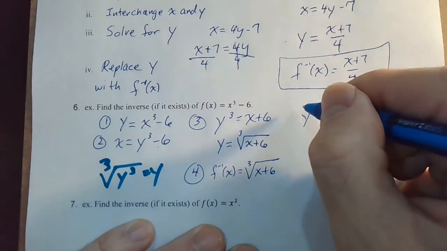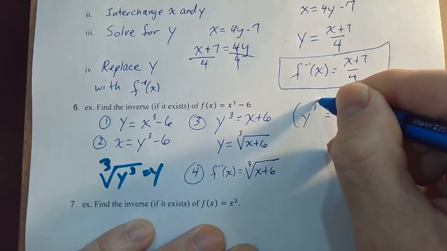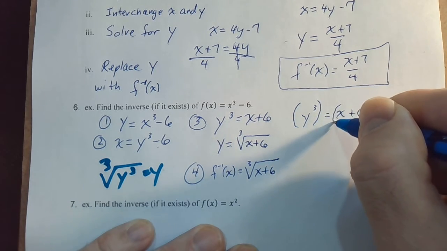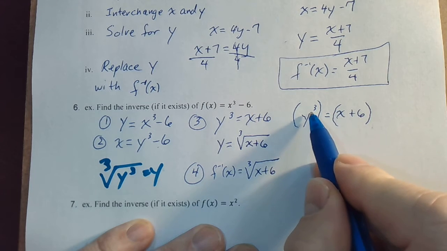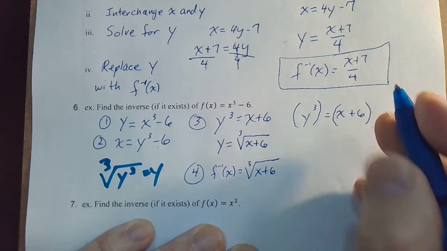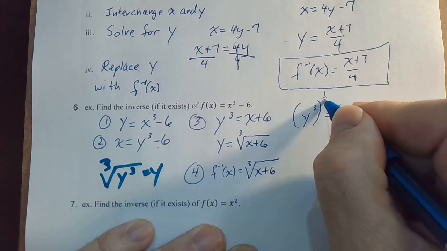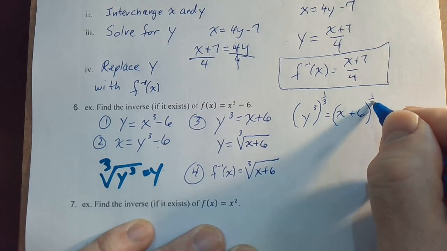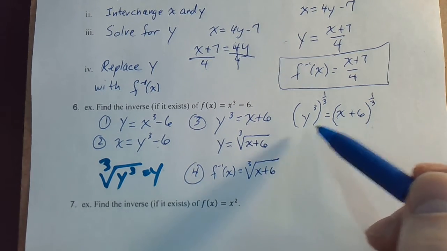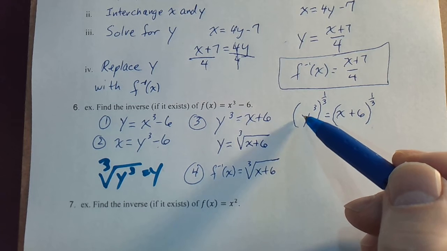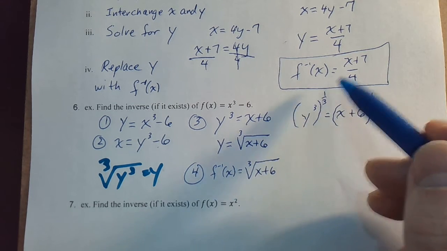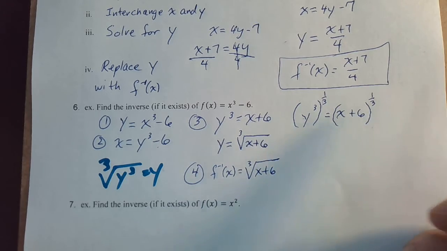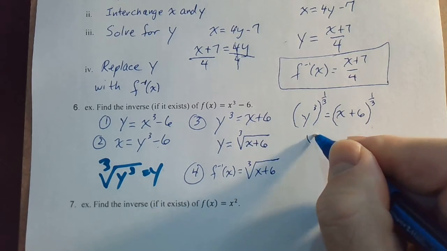Or you could do this, which is effectively doing the same thing. If you raise both sides to the exponent of 1/3, that does the same thing. Because remember, when you have y to an exponent and the whole thing raised to another exponent, you multiply the exponents together. 3 times 1/3 is 1, so you get y.